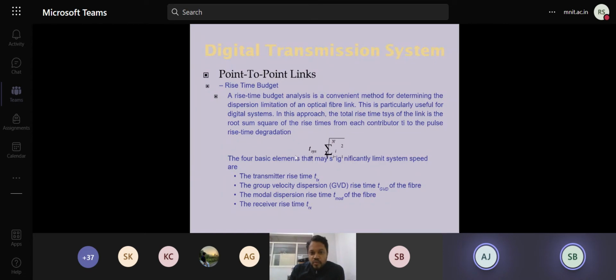What are the basic parameters which limit the system speed? These are the transmitter rise time, the group velocity dispersion of the fiber, modal dispersion, and the receiver rise time. If you are using a single mode fiber, then the modal dispersion rise time will be insignificant, but the group velocity dispersion would still be there.